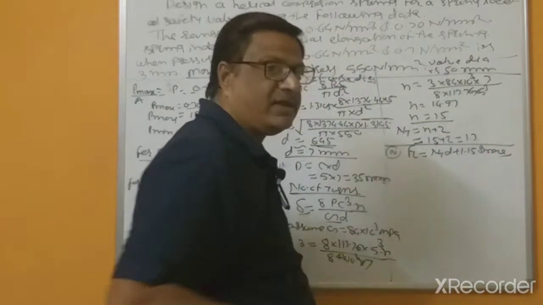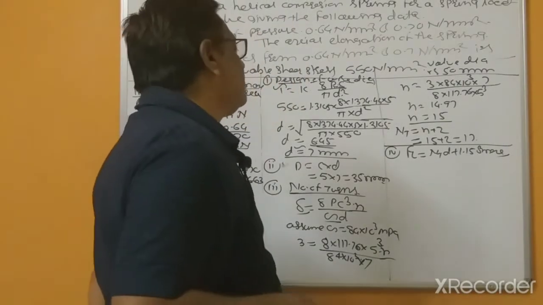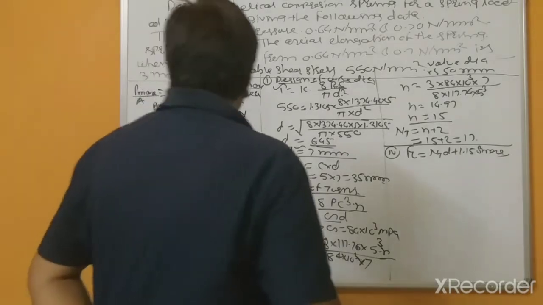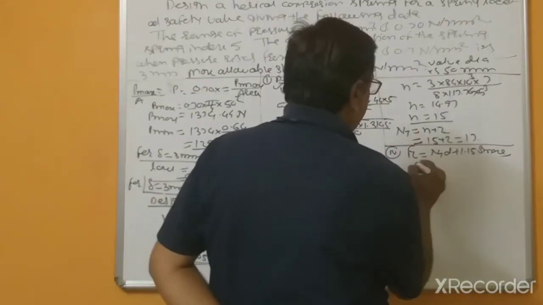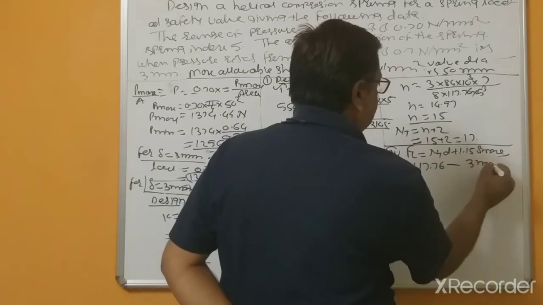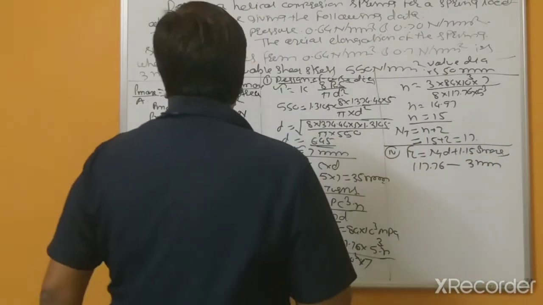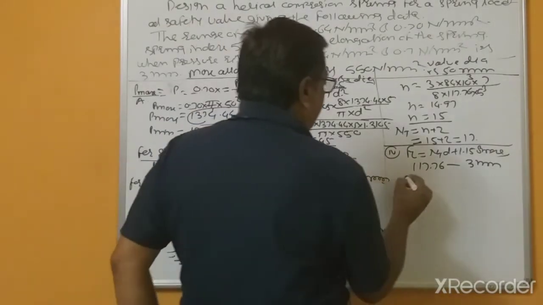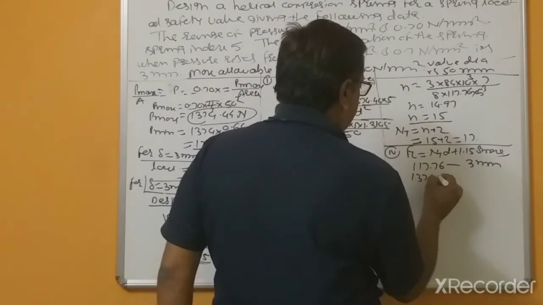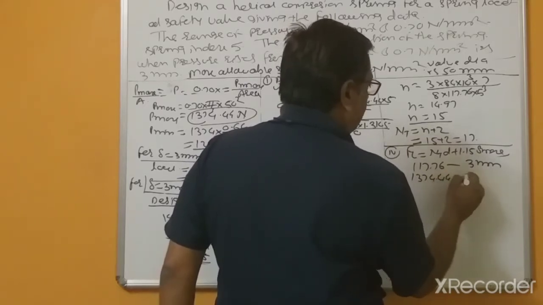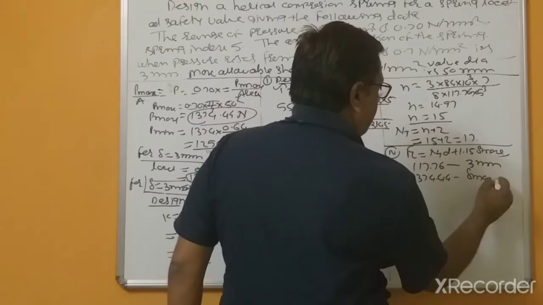Now we require delta max. So for delta max, consider these equations. 117.76 equal to 3 mm. So for this much load, how much is the deflection? 1374.44 equal to maximum.